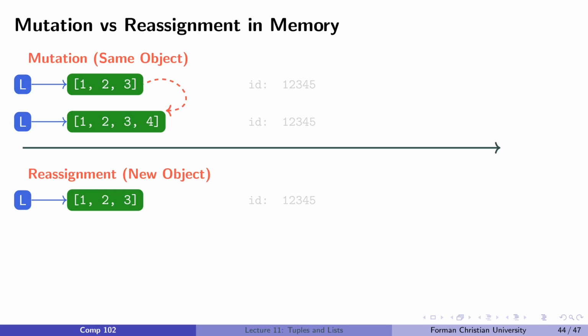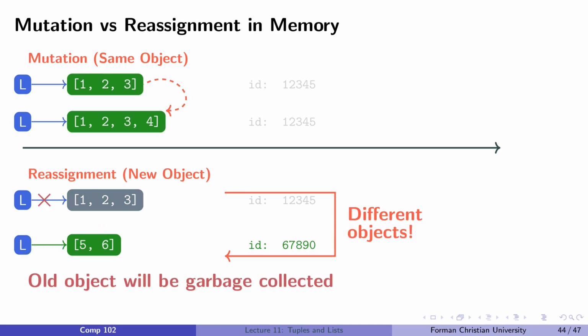Now a reassignment. Again, for the sake of example, let's say that we have a list with items 1, 2, 3, and it has an ID 1, 2, 3, 4, 5. And when we reassign it to a new list, 5 and 6, now L points to a completely new list with a completely different ID.